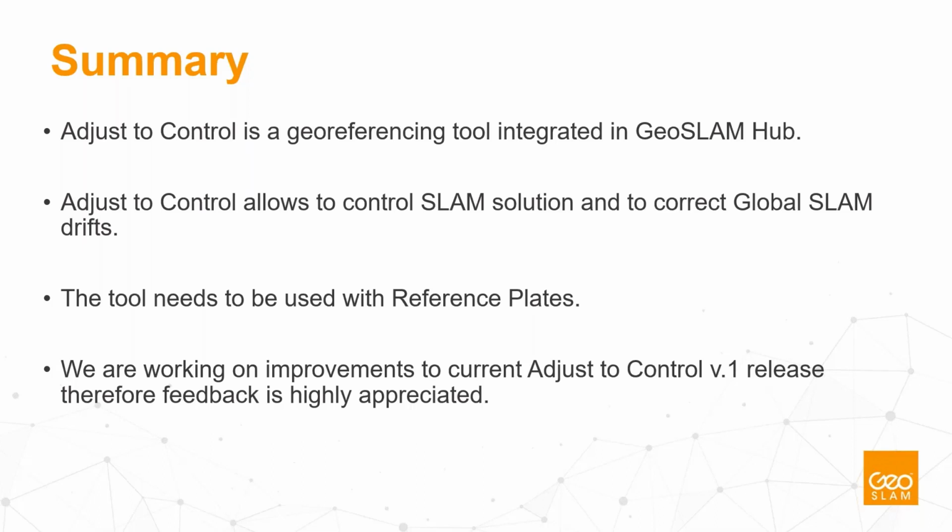And we are still working on the improvement. This is version 1, and it has a lot of good things, but we know there's a lot of things we want to improve. So that feedback is very highly appreciated from your side, as you will be using that on an everyday basis maybe, or your customers will be.